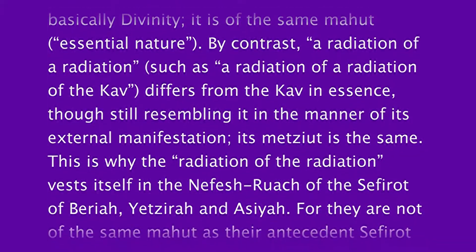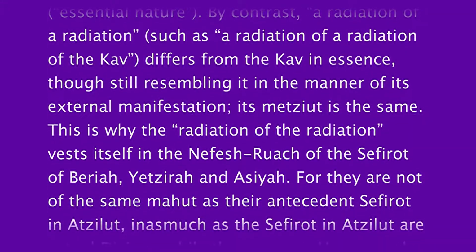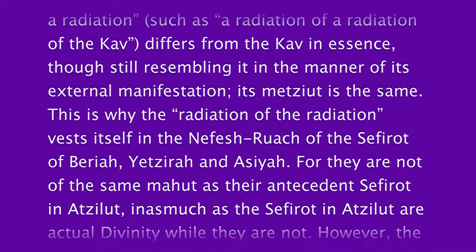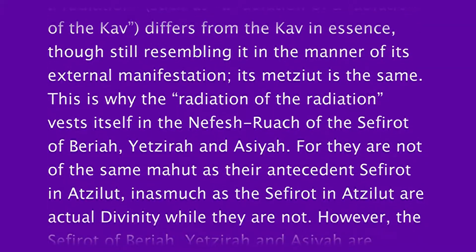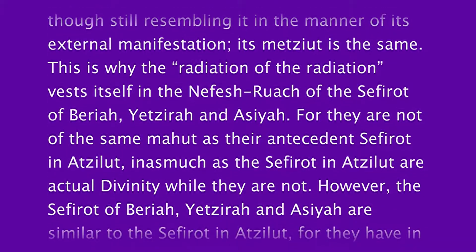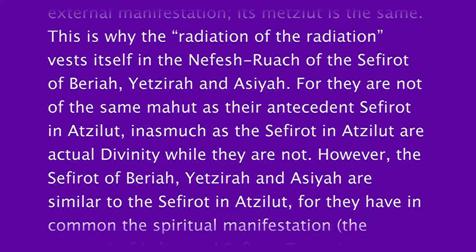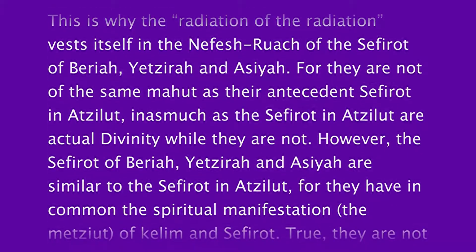This is why the radiation of the radiation vests itself in the nefesh and ruach of the spheres of Beriah, Yetzirah, and Asiyah, for they are not the same mahut as their antecedent sphere of Atzilut, inasmuch as the spheres of Atzilut are actual divinity, while they are not.